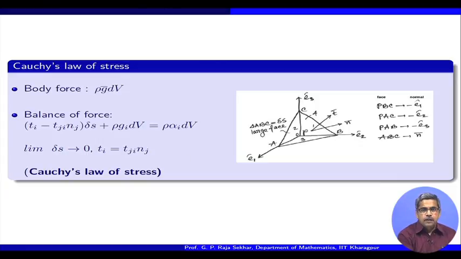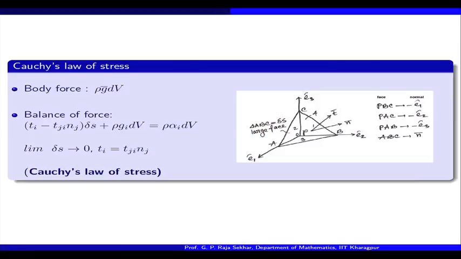This relates the stress vector with the stress tensor. So, this is a very useful relation which will be used time and again for deriving various balance laws. I hope you get the corresponding relation. One can expand, for example, if you would like to write T1, it is simply T_j1 n_j, with summation on j.